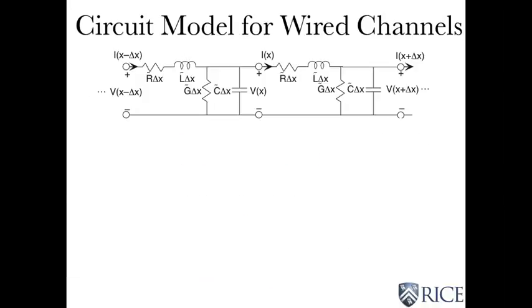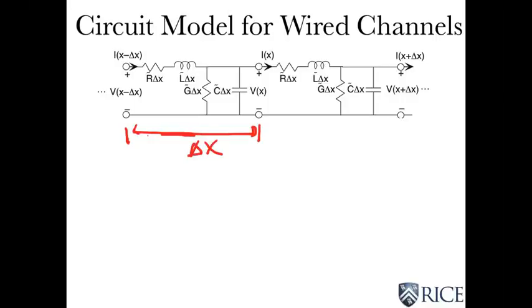Now, we need to explore the properties of the wireline channel. It's very interesting. And again, going back to Maxwell's equations, you can show that this circuit model I show here just well describes Maxwell's equations for the coaxial cable and for the twisted pair for that matter. So here's the idea. This is the model for a very small section of coaxial cable of length delta x.